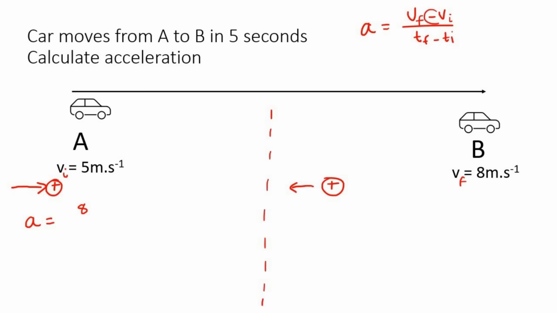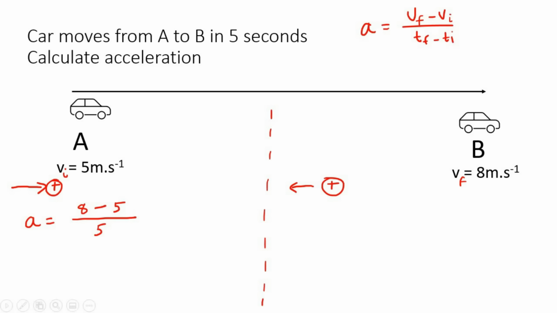Then we're going to say minus, because the formula has a minus in it, and then it's going to have a 5. Now, this 5 is also positive, because it's also going to the right. And then you're going to say over the time, which is 5 seconds. You could say 5 minus 0, because the initial time is maybe 0 seconds, but when they don't give you an initial time, then you can just put a 5.